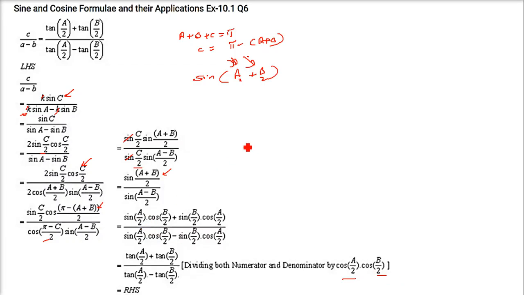This sin A/2, this one I'm taking cos B/2. Now I'm dividing it by cos A/2 and cos B/2, so this gets cancelled. Sin A/2 and cos A/2 will be tan A/2. Similarly, when you divide by cos A/2 cos B/2, you will get tan B/2. So this is your right hand side.